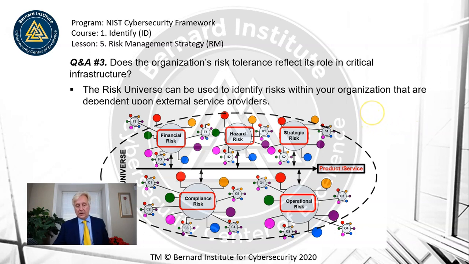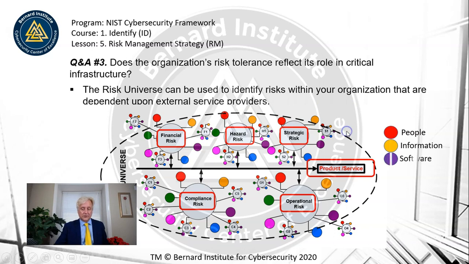And somehow our risk management strategy has to support that framework and the products or services that we provide. Again, people, information, software, hardware, telecom, and facilities are the 6 big assets that every service or product needs in order to be successful.